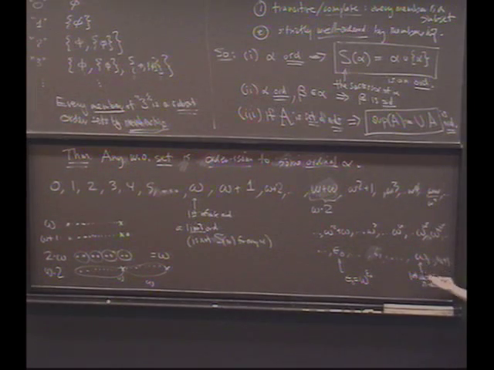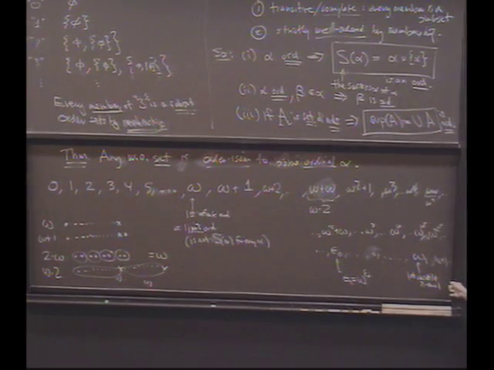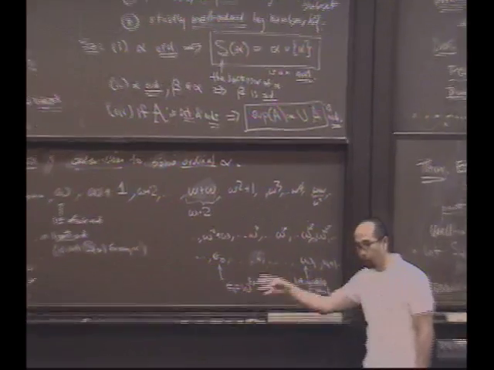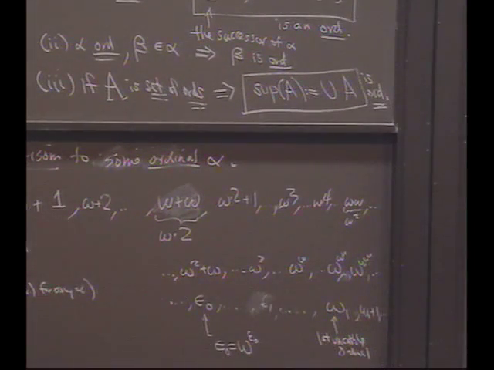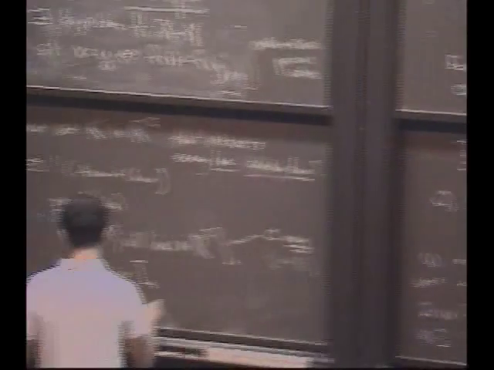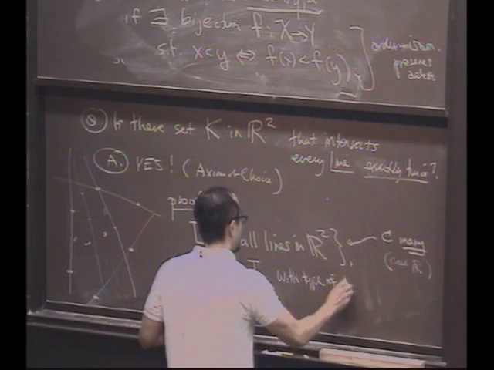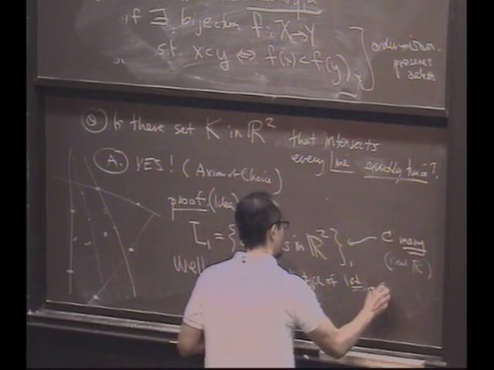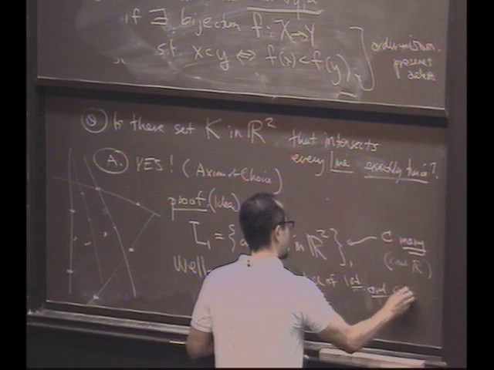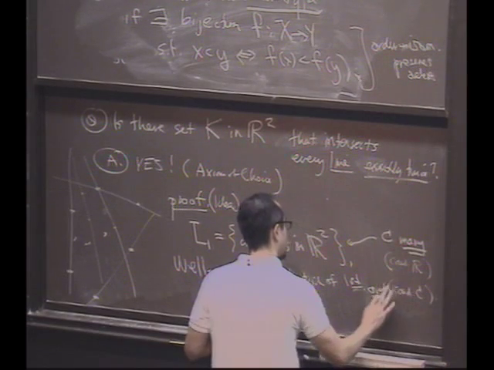But there is going to be a first ordinal that has the cardinality of the real numbers. By first, I mean everything before it has a smaller cardinality. That's important. So I'm going to well order L with the type of the first ordinal with cardinality C.